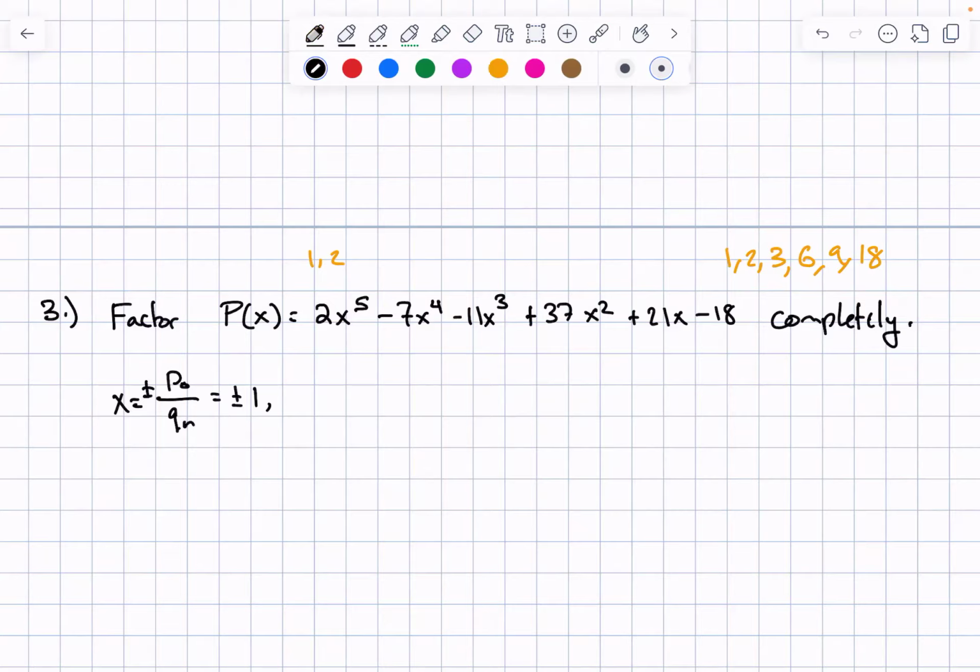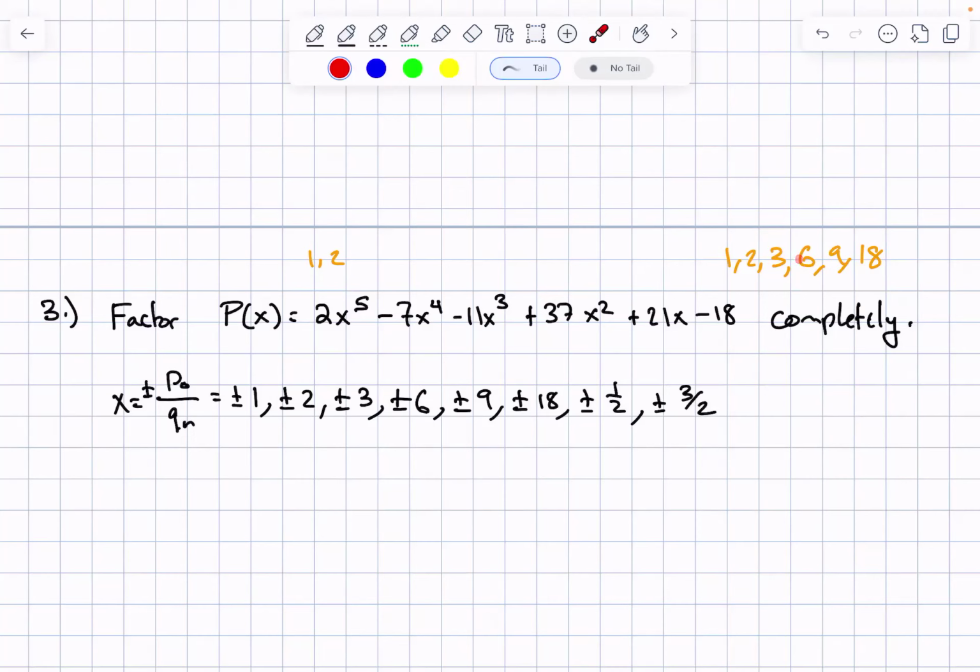We get plus or minus 1. I'm just going to write the plus or minus once and make sure that goes throughout. Plus or minus 1, plus or minus 2, plus or minus 3, plus or minus 6, plus or minus 9, plus or minus 18, and then plus or minus 1 half, plus or minus 2 halves, but that's 1 and we already have that, plus or minus 3 halves, plus or minus 6 halves, which is 3 and we already have that, plus or minus 9 halves, and plus or minus 18 halves, which is 9, and we've already got that, so we don't need to write it down.